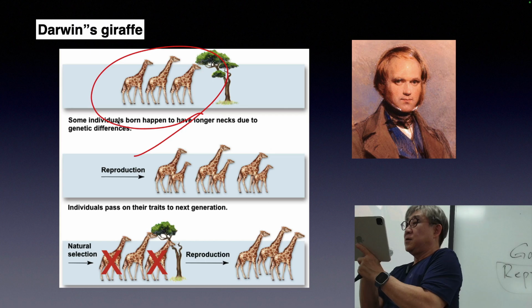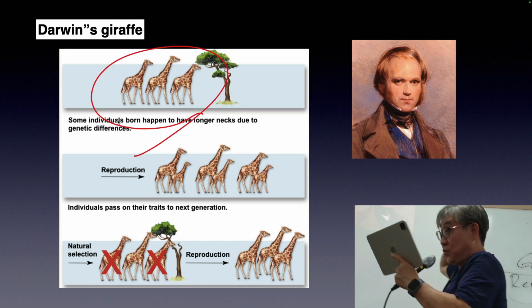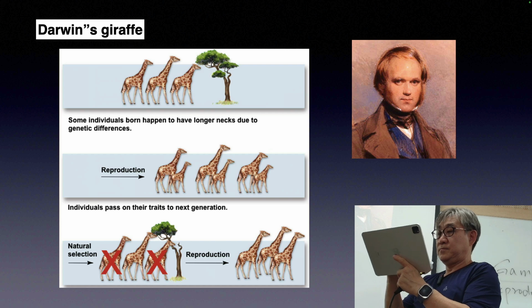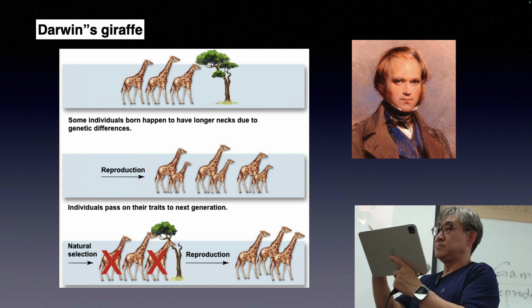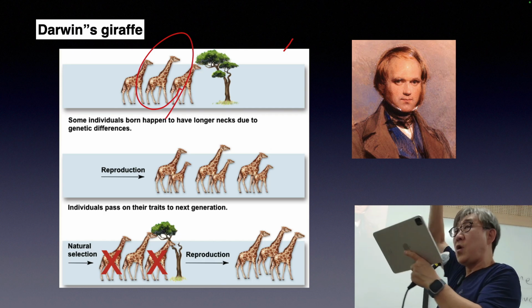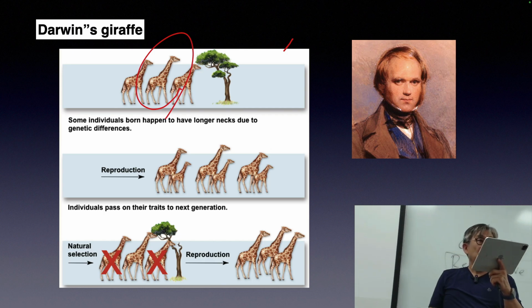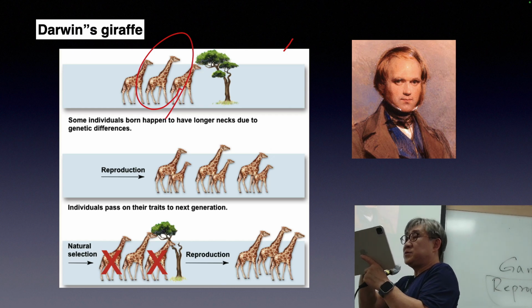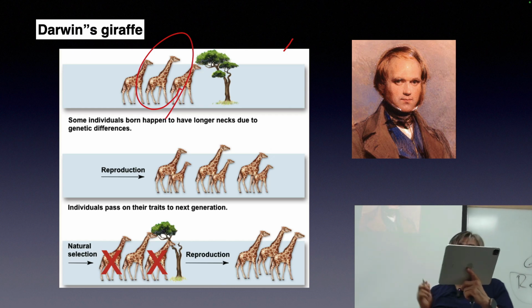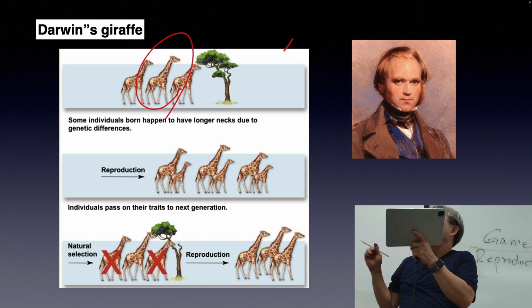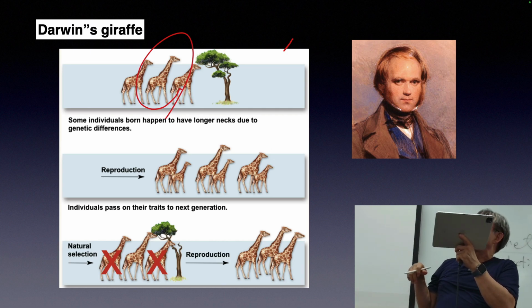But in this case, let's say this particular taller giraffe already exists. There were taller and shorter giraffes, but being taller doesn't give you any benefit under those initial circumstances. So what? Oh, you look so stupid.